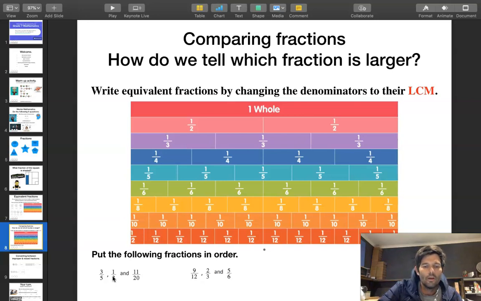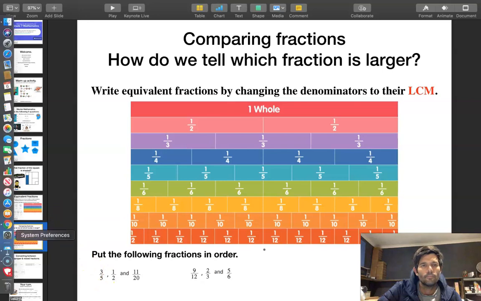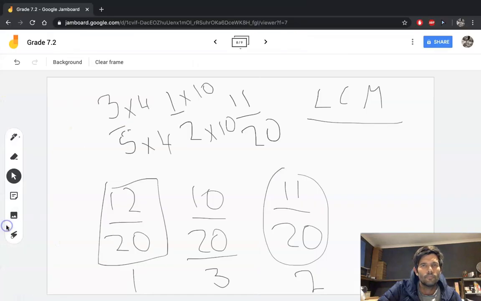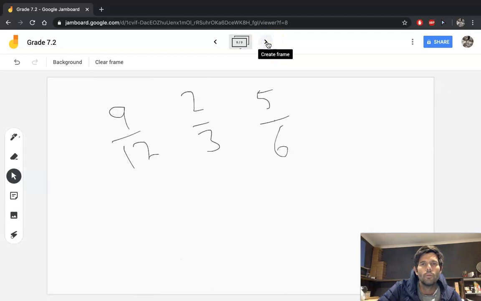Okay, so 9 over 12, 2 over 3, and 5 over 6. Let's see if you can do that quickly by yourselves. Okay, remember to press pause if you're not ready. So the lowest common denominator here is going to be your 12.